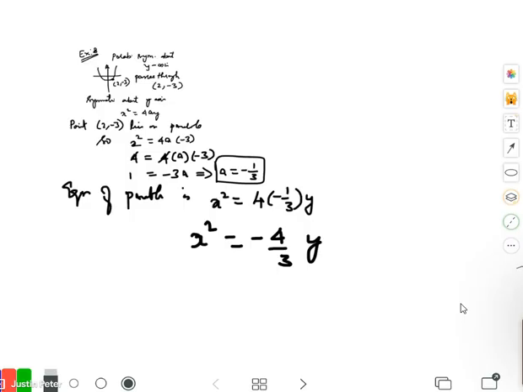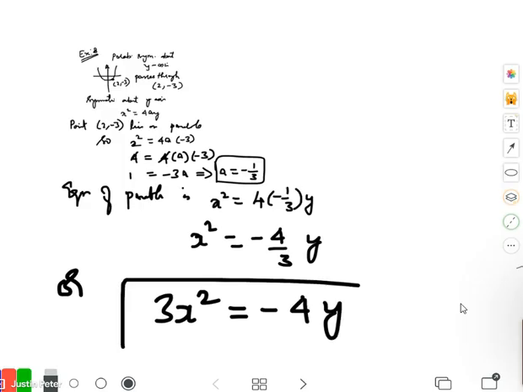Or 3x square is equal to minus 4y is also the equation of the parabola.